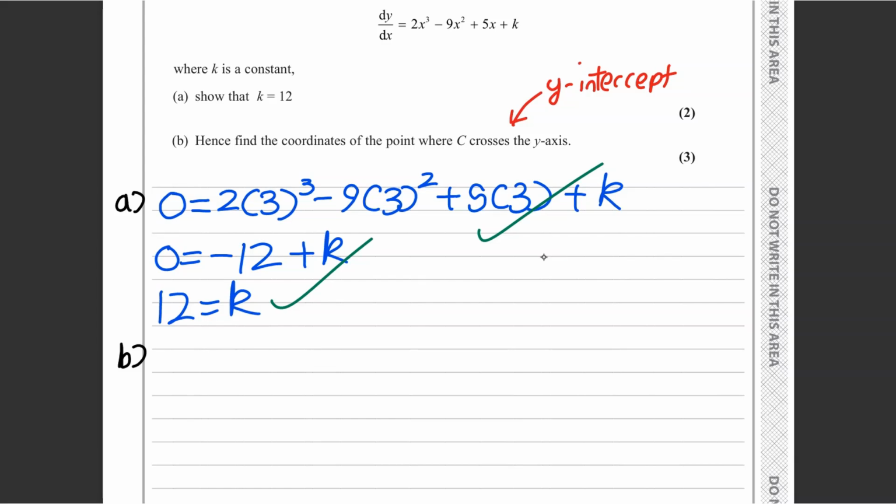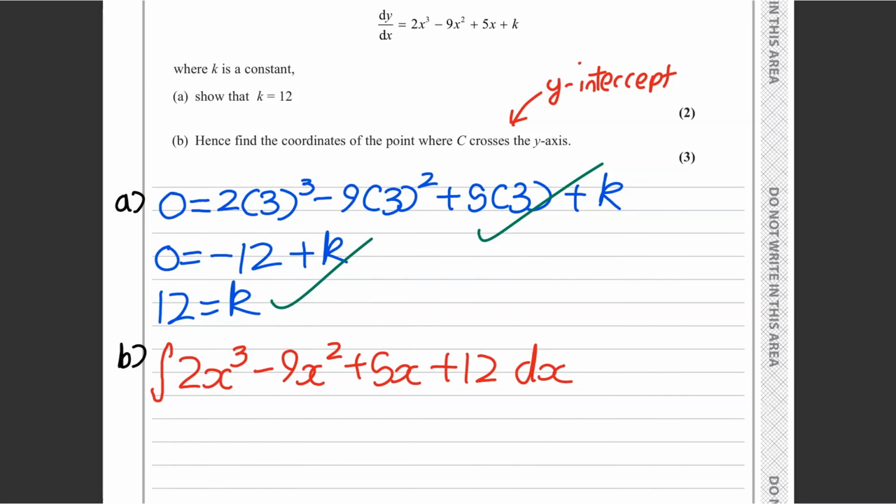So we're going to integrate this: 2x to the power of 3 minus 9x squared plus 5x plus k, where we figured out in part A that k is 12, dx like this here.